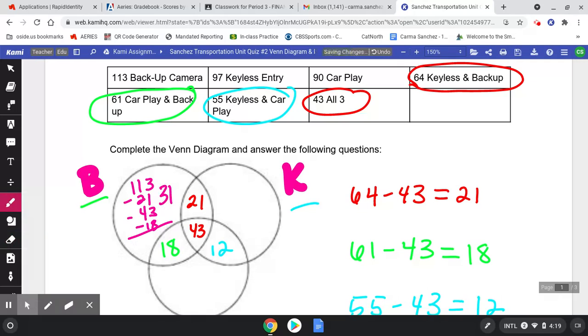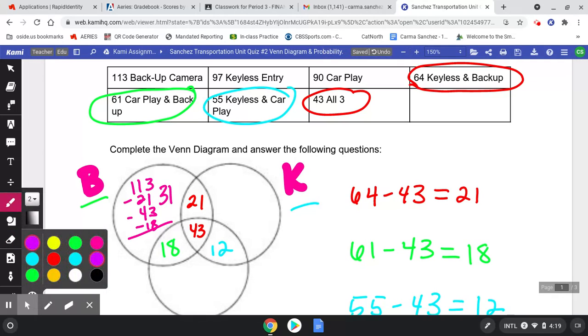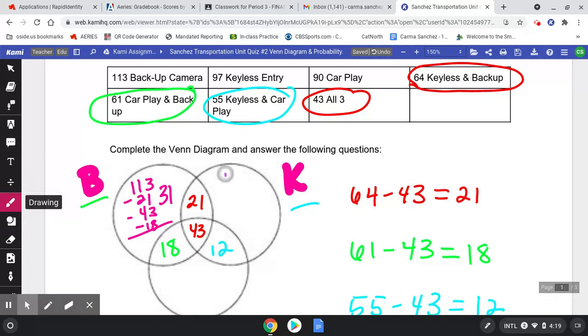All right, let's go do the keyless. Keyless is a total of 97, but we have to subtract the 21 and the 43 and the 12 that are already being counted. So 97 minus 21 minus 43 minus 12. You should have got a 21 there.